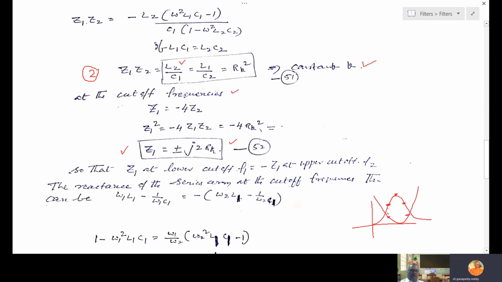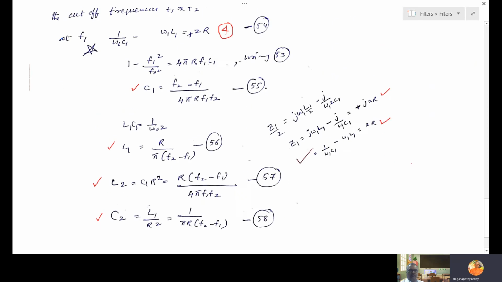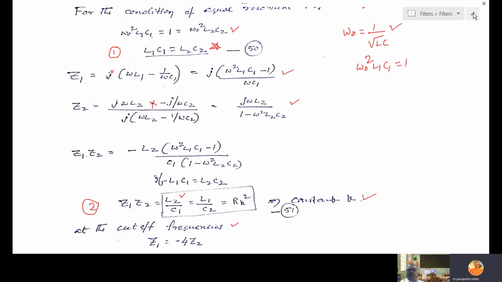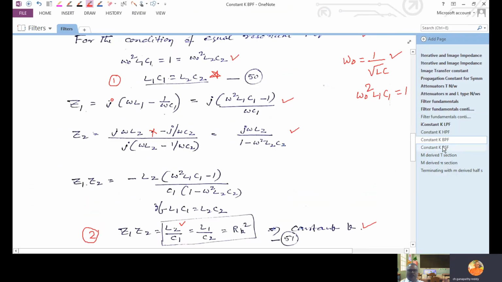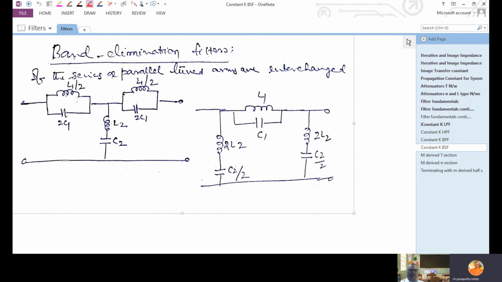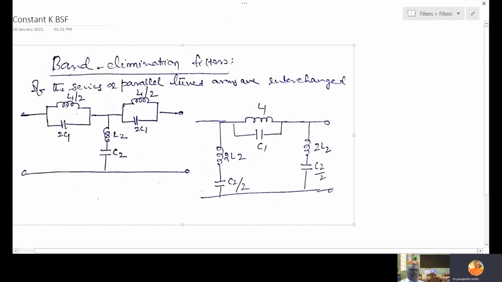So this is the constant K band pass filter. Next is the band stop filter. I will not explain much, just give an idea. Band stop or band elimination filter: the series and parallel tuning arms are interchanged.